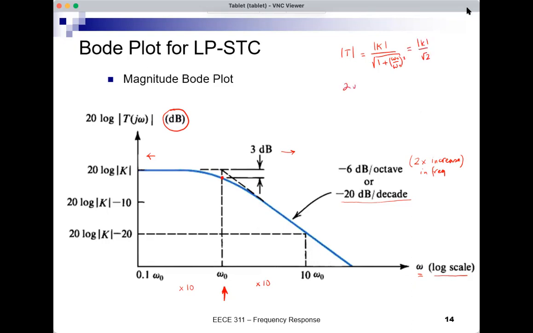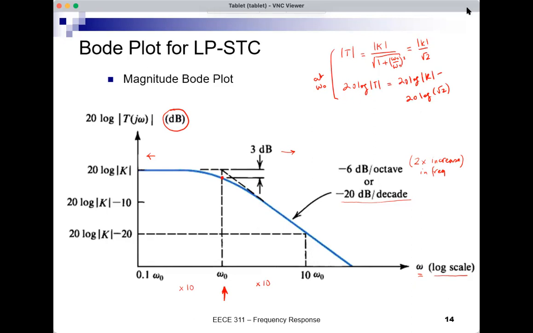If you take 20 log of that, you get 20 log of K minus 20 log of square root of 2. So at omega 0, the magnitude of T is the magnitude of K over root 2.